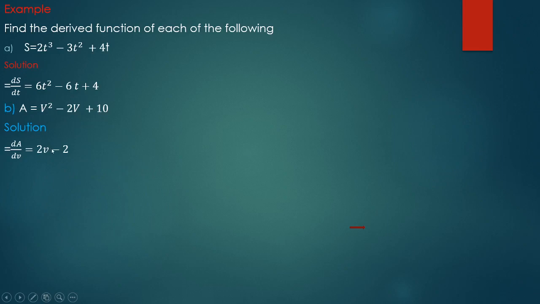So it will be 2v minus, this is v power 1, 1 times 2 is 2, 1 minus 1 is 0, v power 0 becomes 1, 1 times 2 is 2. So we shall have 2v minus 2, and the derivative of a constant, we say it is 0, so plus 0, which is the same as 2v minus 2.